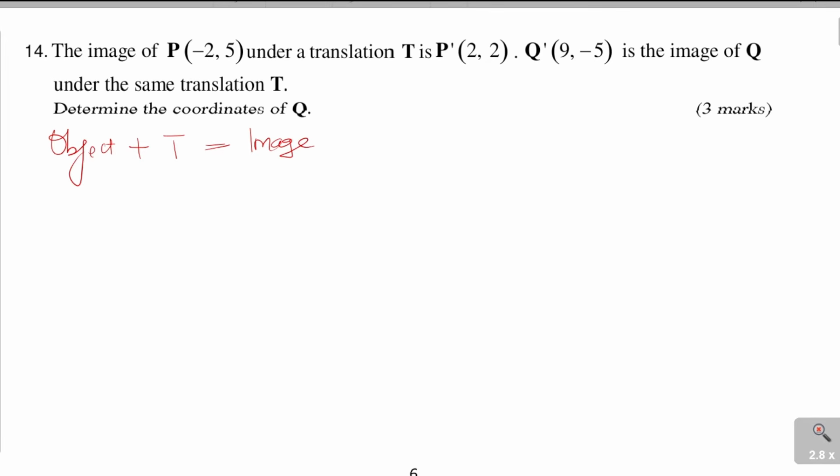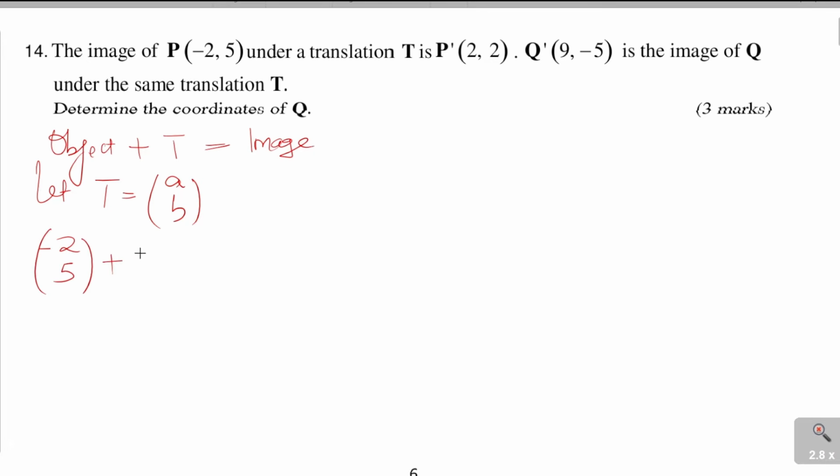Now, in this case, we don't have the translation, so we can let the translation vector be given by (A, B). Taking P, which is (-2, 5), we write it in column form. That is the object.